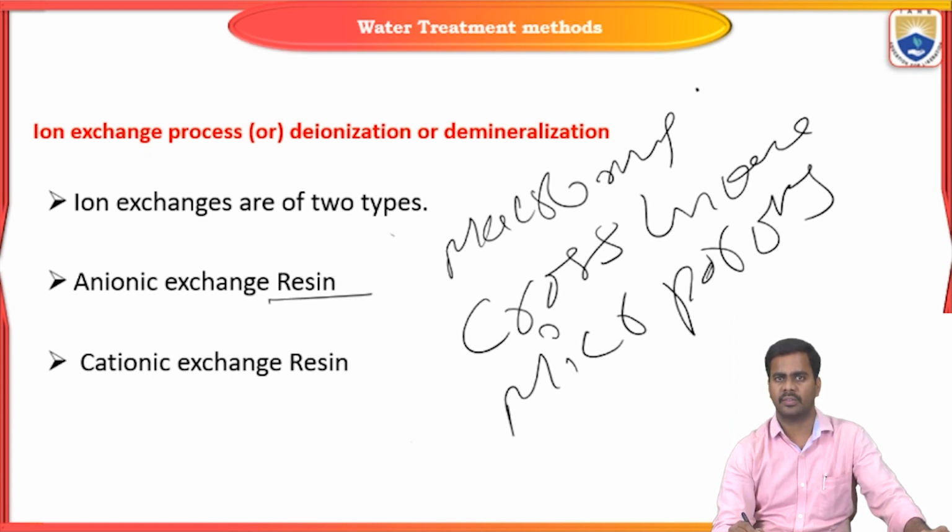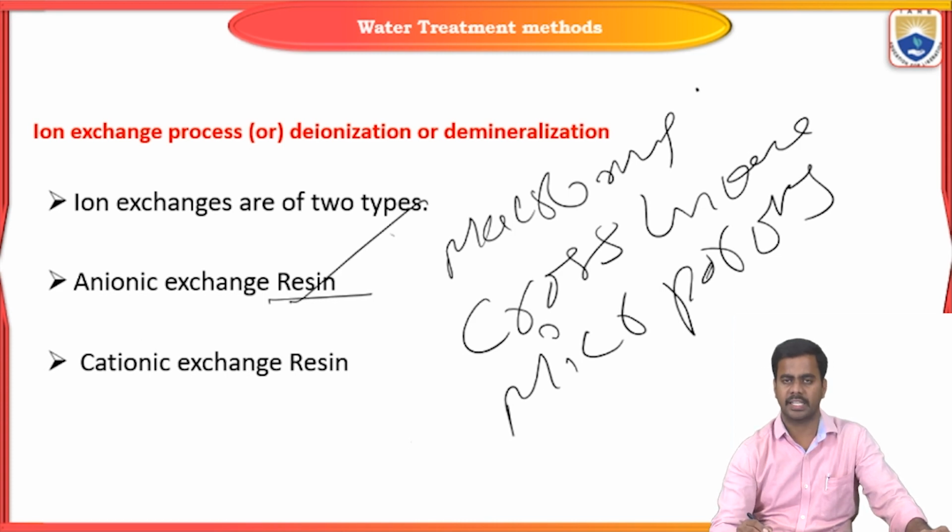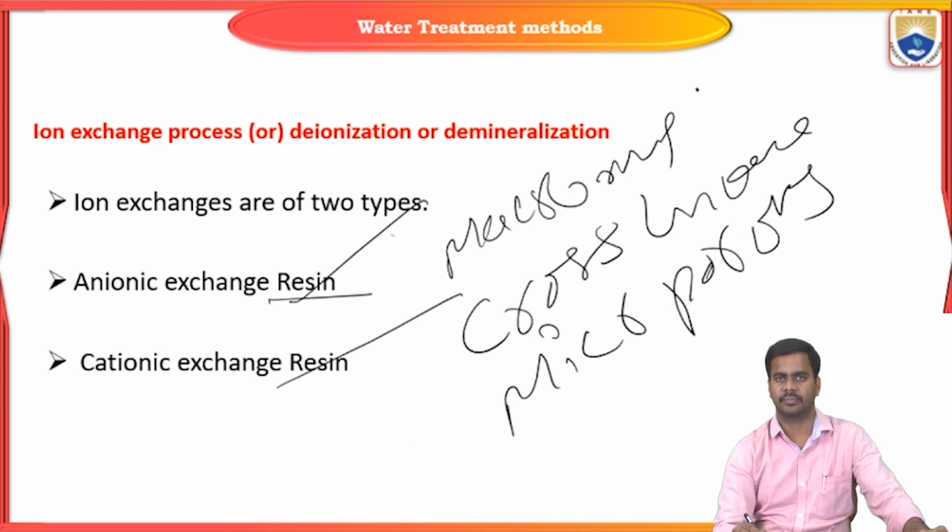Here we are going to use two types of resins to remove ions from water in the ion exchange method: anionic exchange resin and cationic exchange resin. What is a cationic exchange resin and what is an anionic exchange resin?